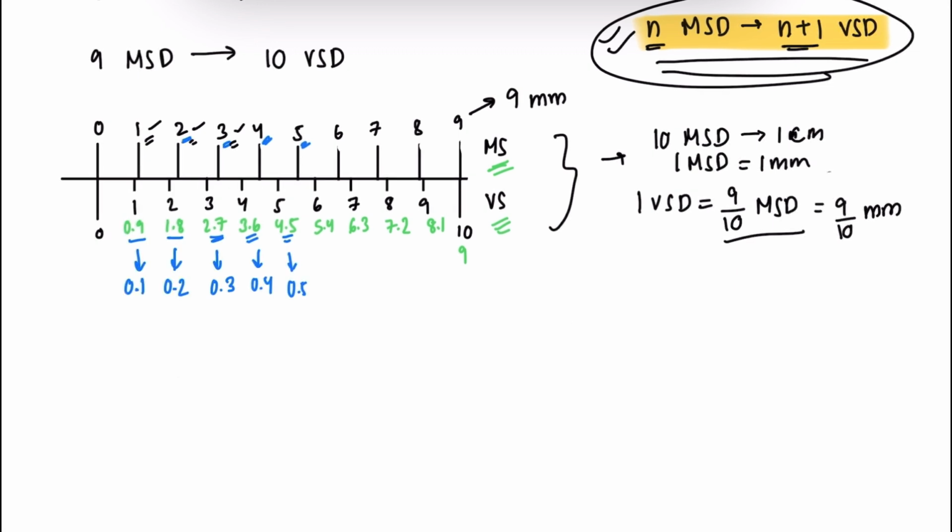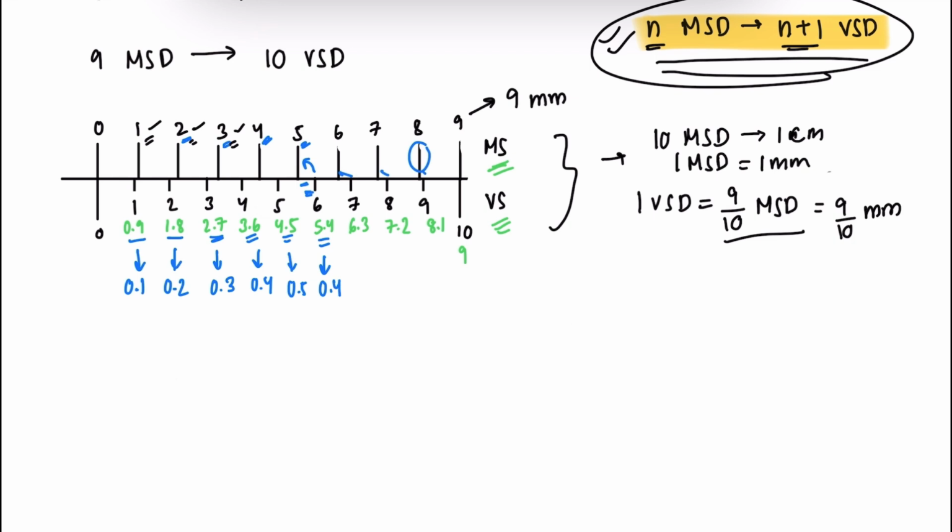Now from here onwards, from 5.4 onwards, we're going to have to check from backwards, because from here, the distances are decreasing with respect to the one before. So if we check 5.4, that's 0.4 away from 5. So this distance again would be 0.4.